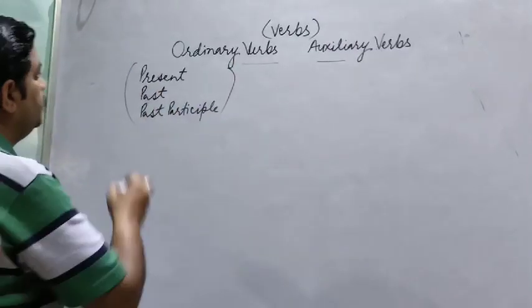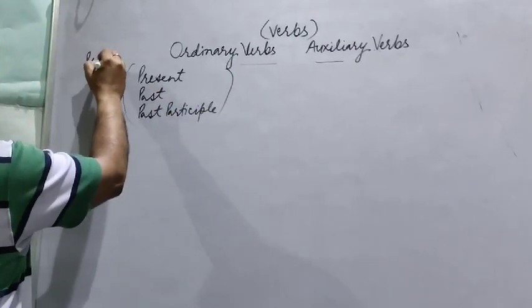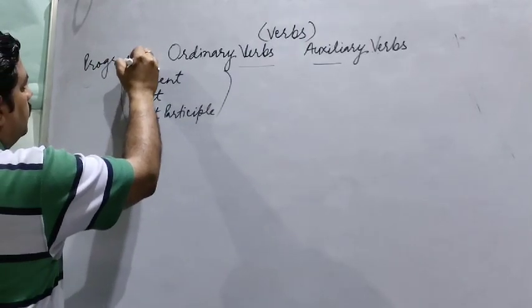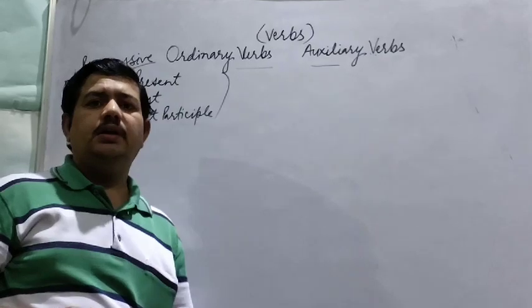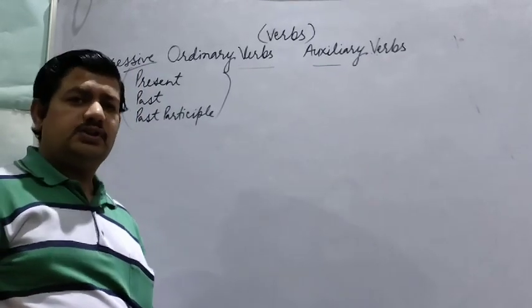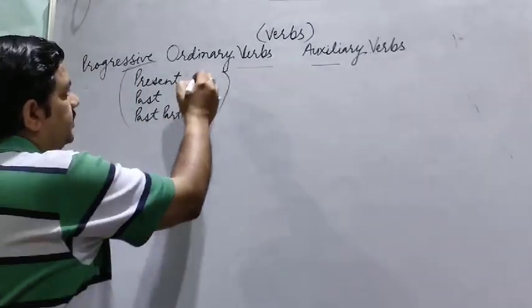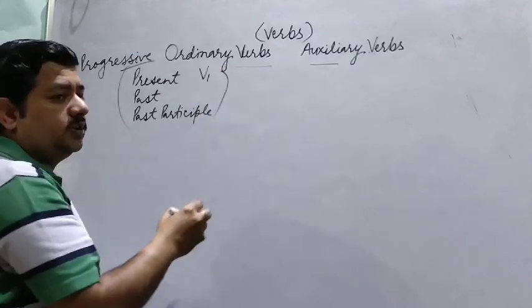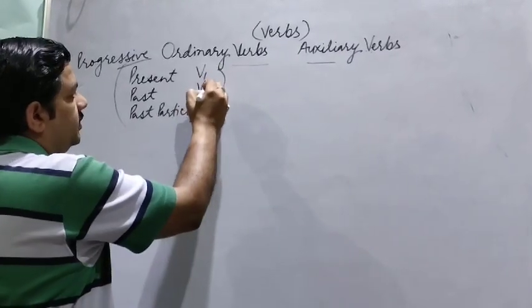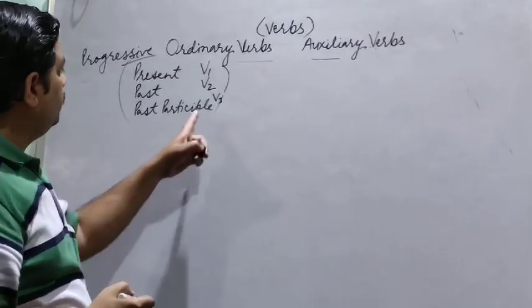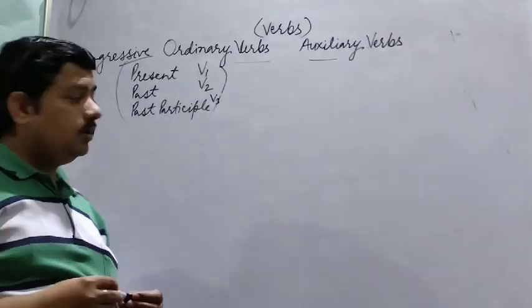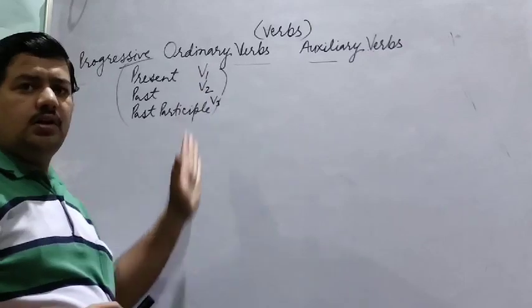Okay, it has one progressive form also. Progressive form, ing form, and any ing is always used with first form. So present form is denoted with first form, past is denoted with second form, third is denoted with past participle. Okay, so these are ordinary verbs.